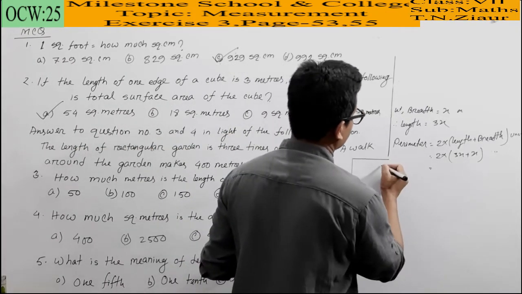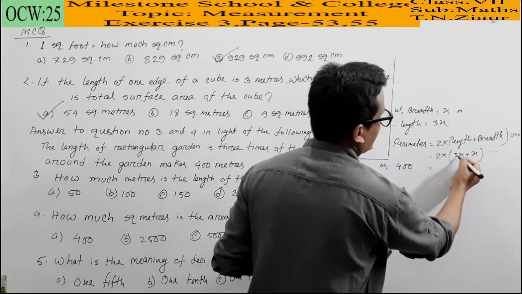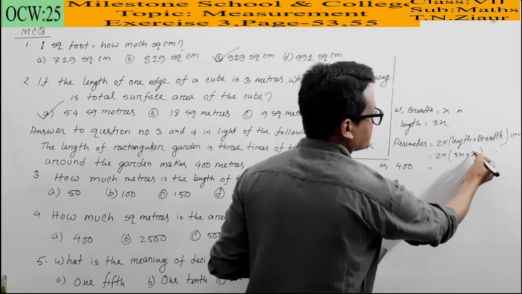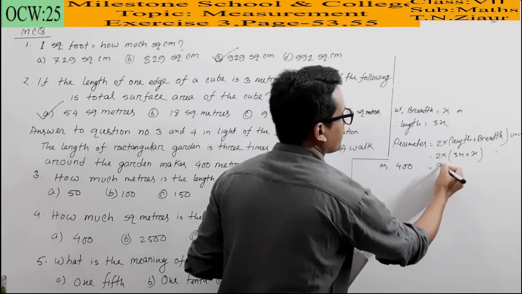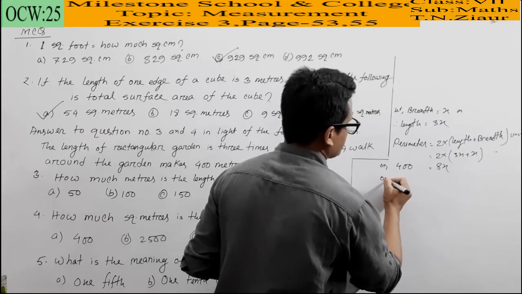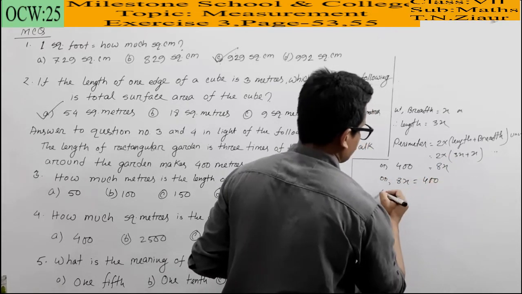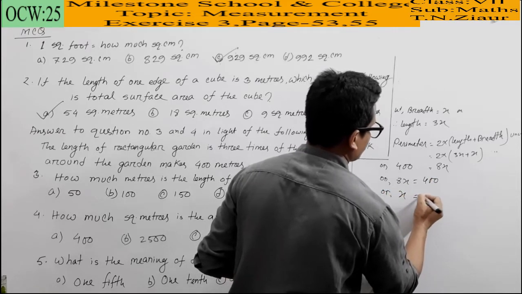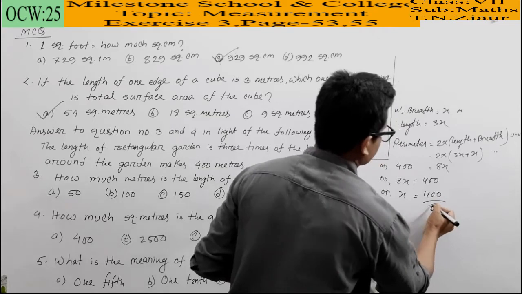So we can write 400 is equal to 2 into 3x and 1x, so it will be 4x, 2 into 4x is 8x. So students, we can write 8x is equal to 400. So x is equal to 400 divided by 8, dividing by 8 on both sides, right?